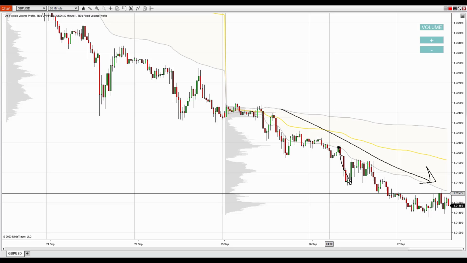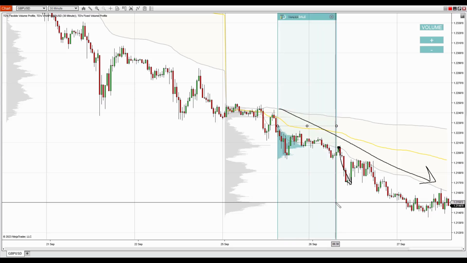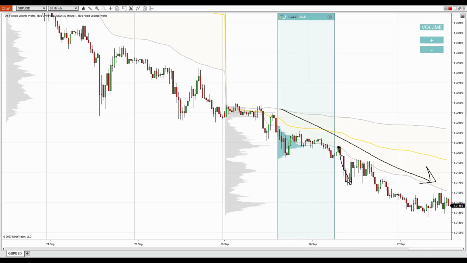And what adds strength to this is volume profile. Heavy volumes traded in here at this price level. Then there was this little pullback to those volumes. Price tested this high volume zone and boom.